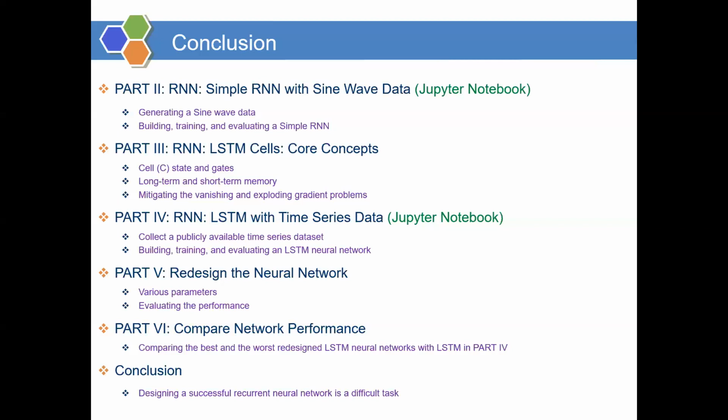Finally, I compared the best and the worst LSTM neural networks redesigned in part 5 with the LSTM neural network designed in part 4. To sum up, I have understood how a well-designed recurrent neural network could successfully analyze time series data, and how designing of such networks is a difficult task and depends on different parameters.